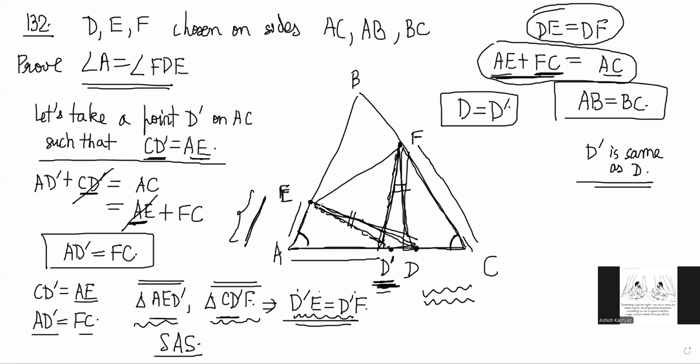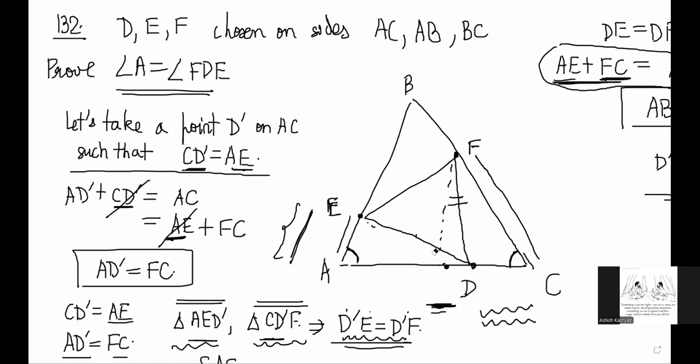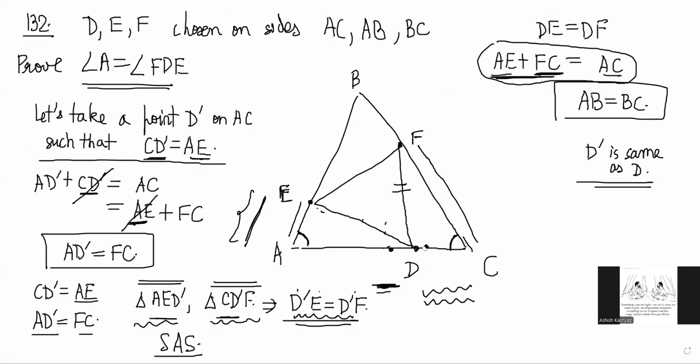And now it is very easy to prove angle A is equal to angle FDE, right? Because these triangles are congruent, we can rub out the D dash now, since we don't need it. We already know that D dash is the same as D, and these two triangles are congruent, right? So now angle A is equal to angle EAD, right? And angle EAD is equal to 180 minus angle ADE minus angle AED, correct?